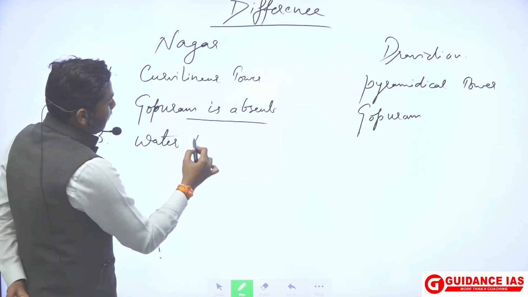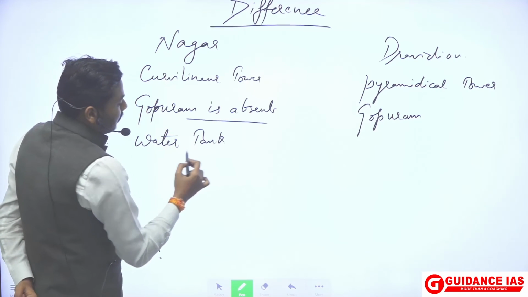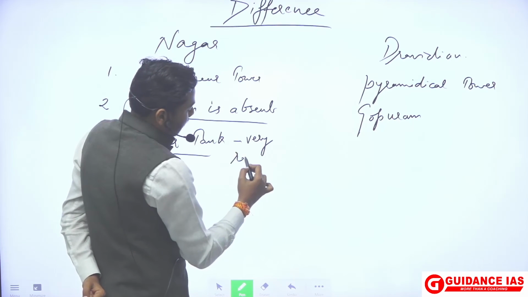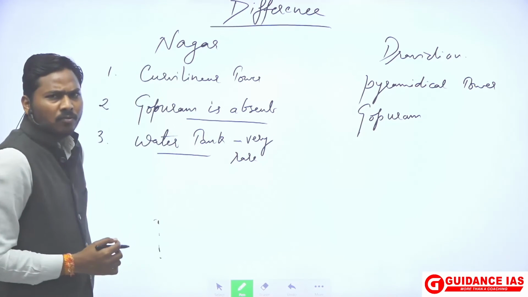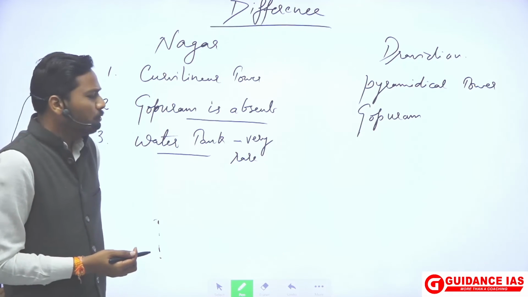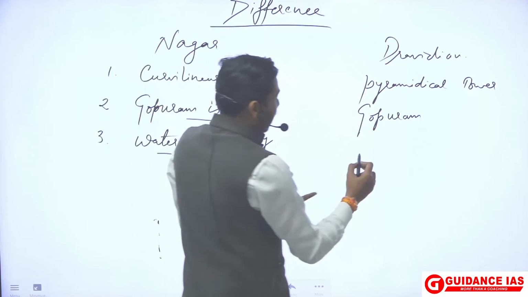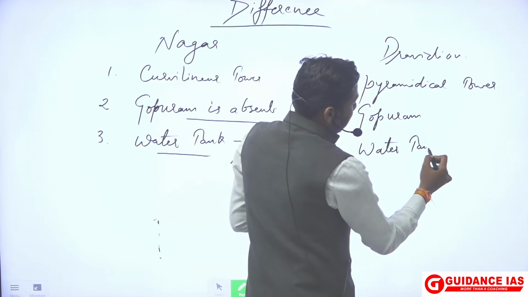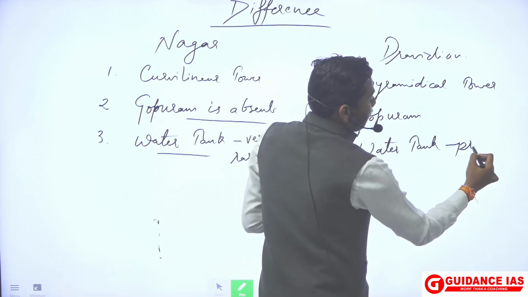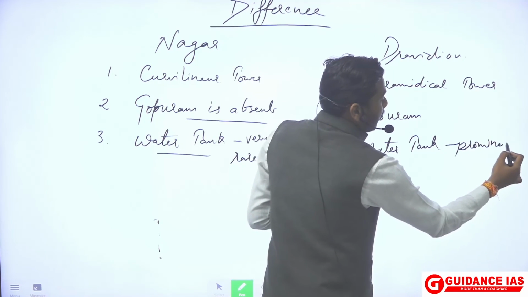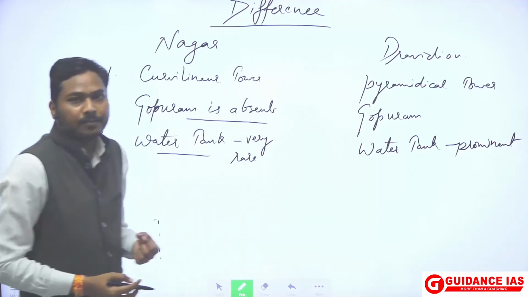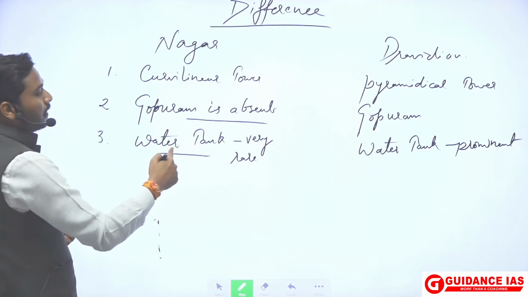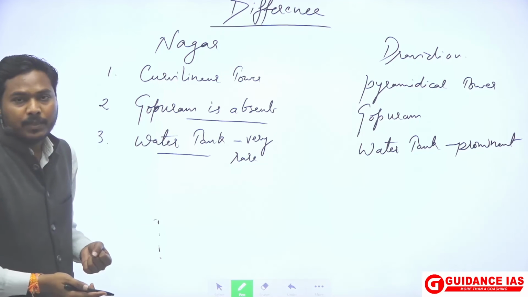Third thing, water tank is very rare. Only in the Sun Temple of Modhera have we seen a water tank. But in the Dravidian style, the water tank is a prominent feature. Clear? Then the Gopuram is completed, curvilinear tower completed. Clear?